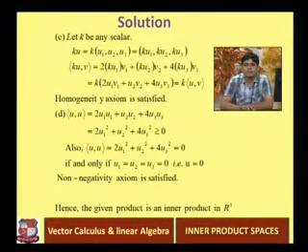So for that we write greater than or equal to 0. So we get the inner product of u comma u is greater than or equal to 0.